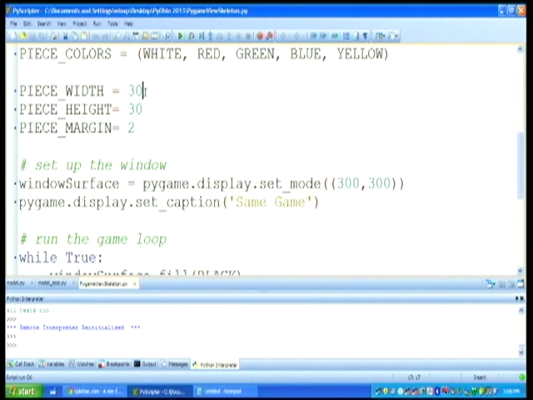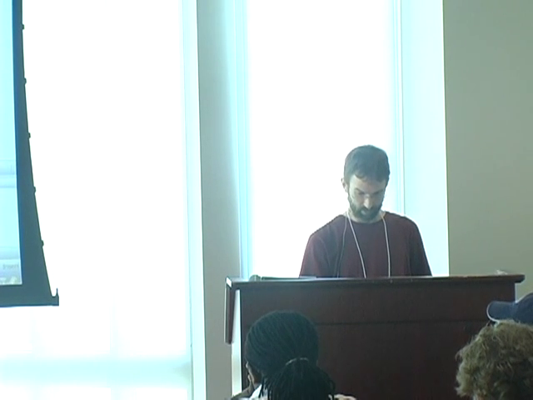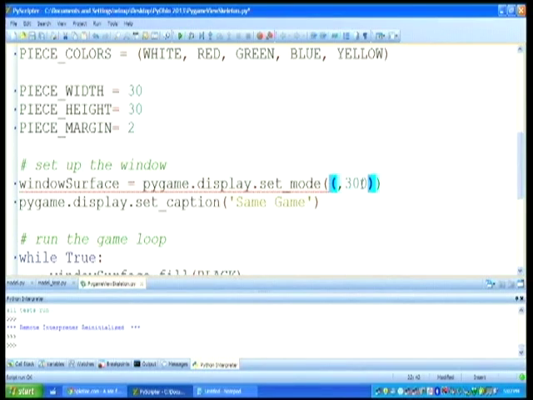So I have to take the number of rows for the height, multiply it by the piece width plus the piece height, plus the piece margin, and possibly add in another piece margin. This is another one of those things that I always get wrong the first time. Oh, and I need to import the model in here too. Otherwise, I'm never going to be able to get to the data.